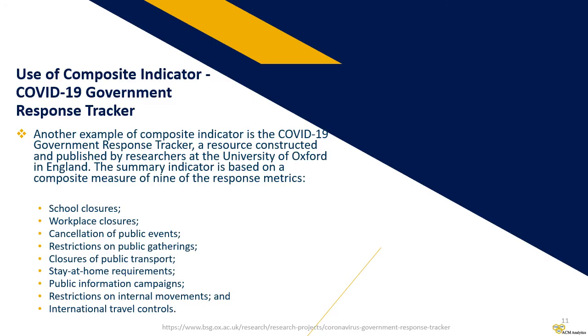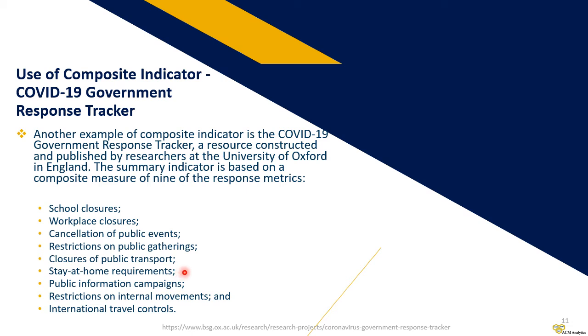Here is a more recent example of a composite ranking indicator, in this case constructed by the University of Oxford to track the responsiveness of governments to the COVID-19 pandemic. The Oxford COVID-19 Government Response Tracker summarizes information included in 9 distinct metrics, such as school closures, workplace closures, and stay-at-home requirements.